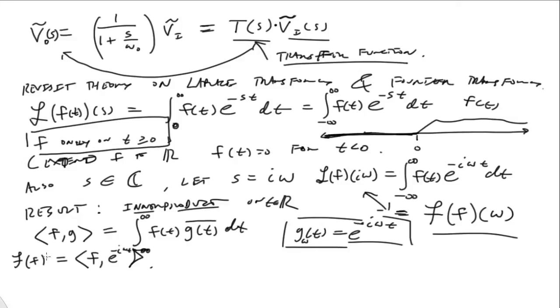Okay, so the question then is, where are we headed with this? So I'm going to state a really important result, and it's this notion that's going to help us. Again, what is our big question? Our question was basically we want to assess how inputs V_I affect V_O.